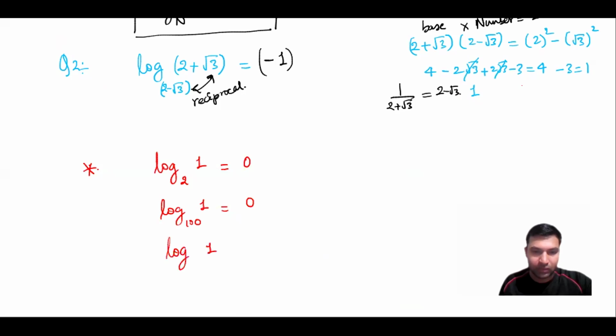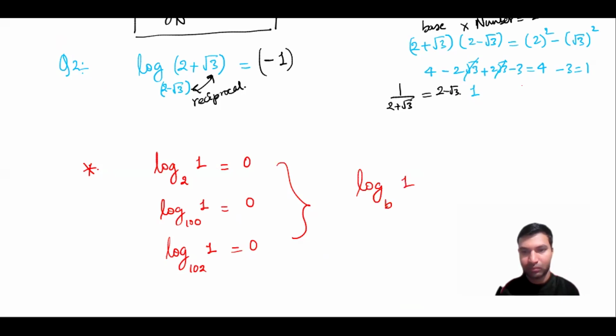Then I have base, let's say, 102. What power of 102 will give you 1? It is 0, right? And therefore from here, I can conclude that log 1 to any base will always be equal to 0. This is also an important result.